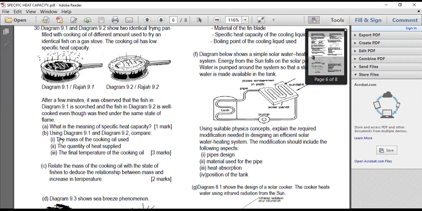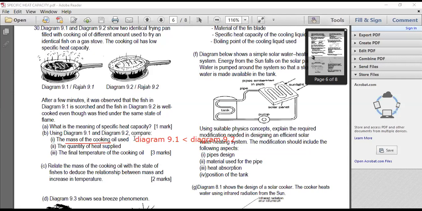Next, using diagram 9.1 and 9.2, compare the mass of the cooking oil. You can see this one is lower than this one, right? So the mass of cooking oil in diagram 9.1 is lesser than diagram 9.2.